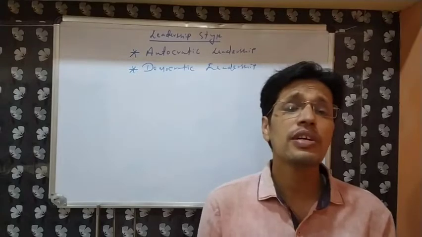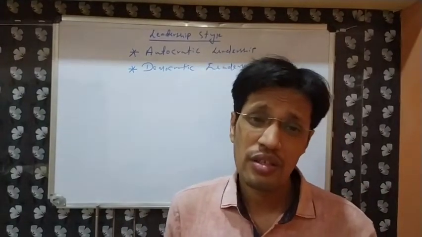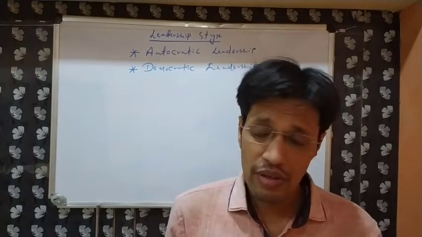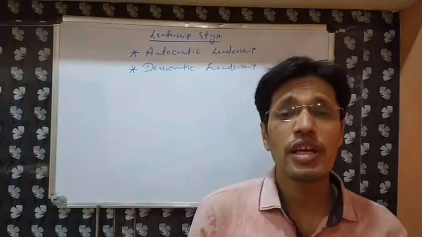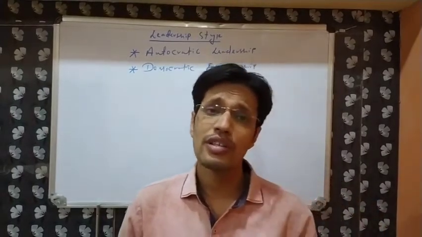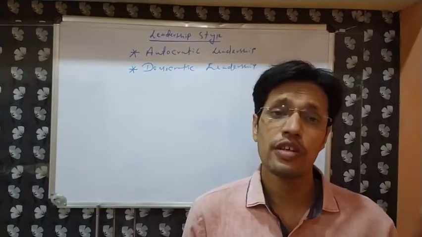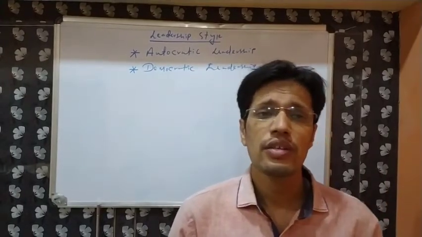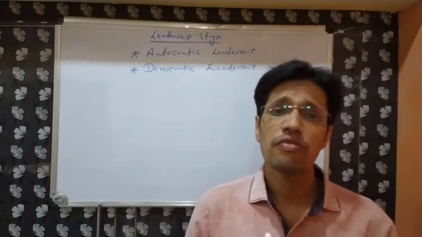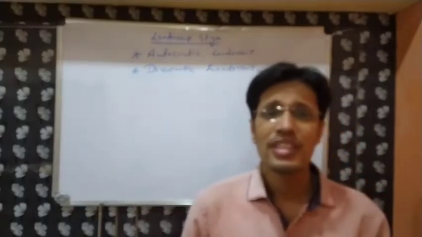They are completely not allowed to take decisions, participate, or give suggestions at any point of time. Rather, they are required to follow the order and instruction assigned and offered by the leader. So here the leader's role acts as a tyrant.